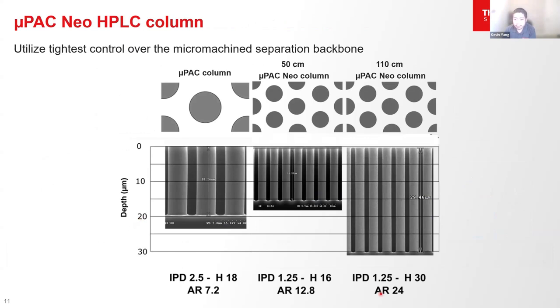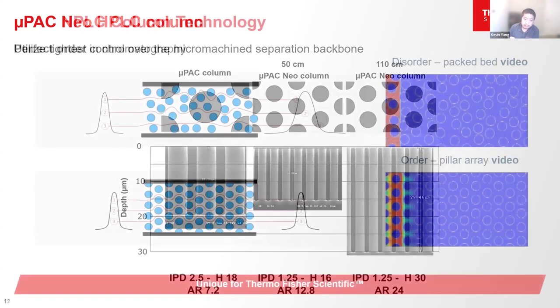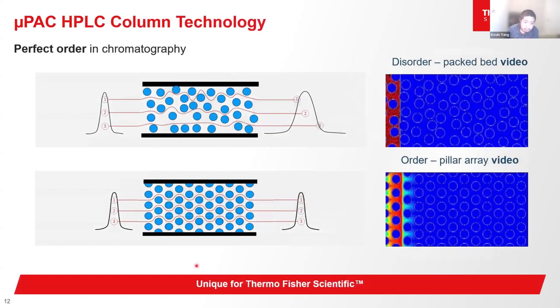And that gives you the best reproducibility and sensitivity because in this column, these micropillars are positioned or engineered to have a fixed distance in between. So unlike the packing material, where your packing material might distribute slightly differently depending on where you are in the column, in the MicroPak, you always have the fixed distance.